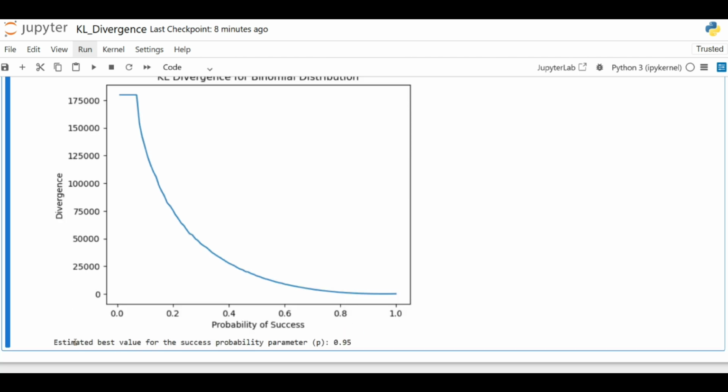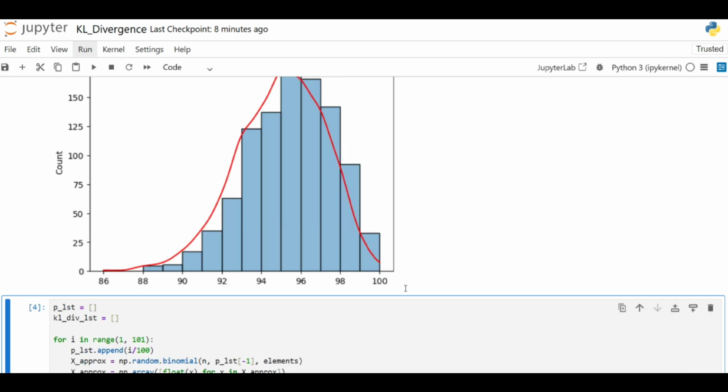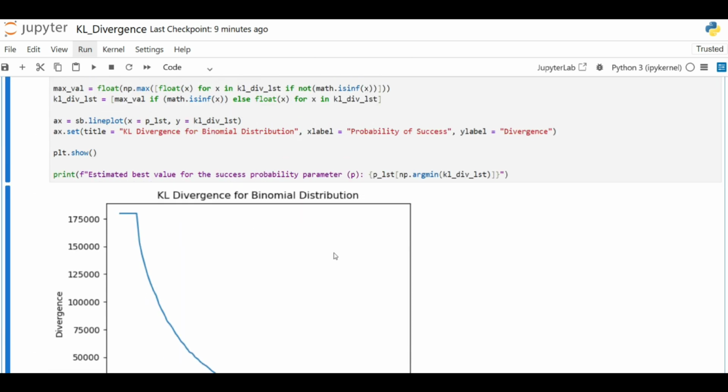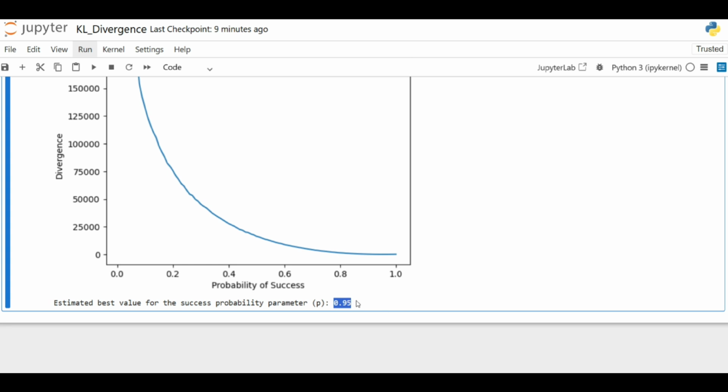And the code has estimated that the probability parameter is 0.95, which is exactly the same as what we had provided over here. So using this code, I am able to also approximate my probability parameter, which is 0.95.